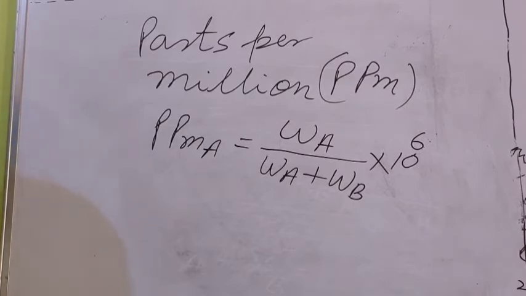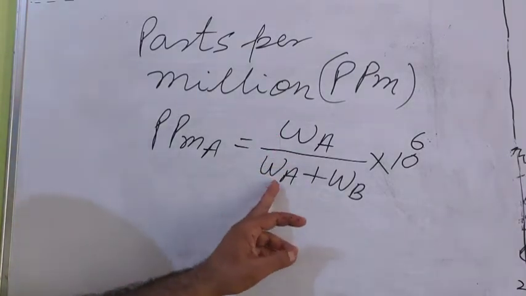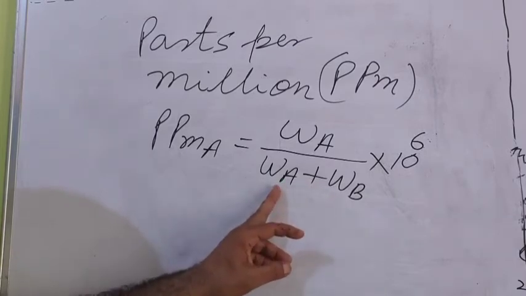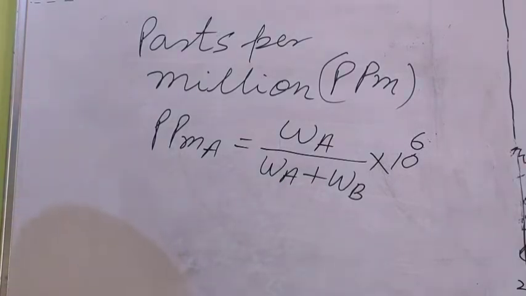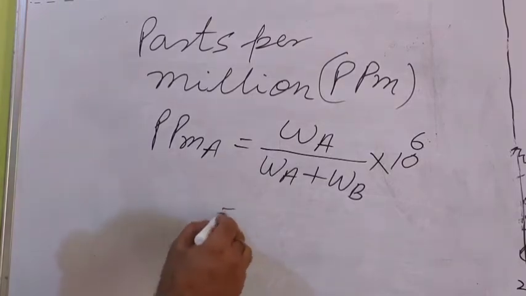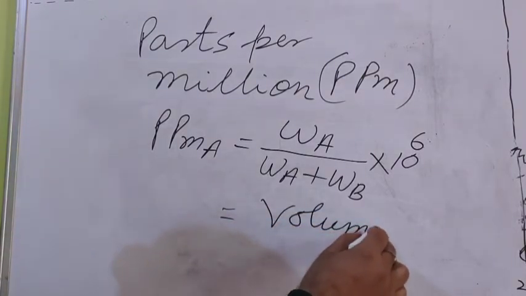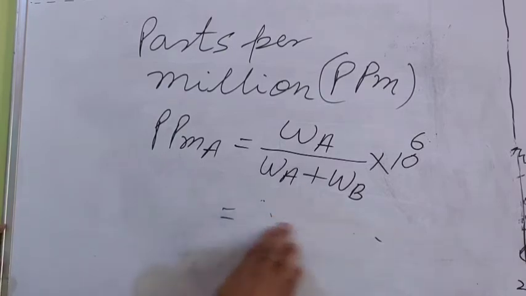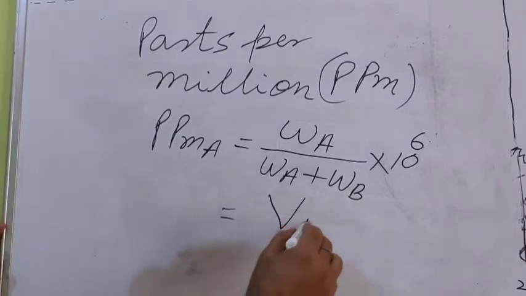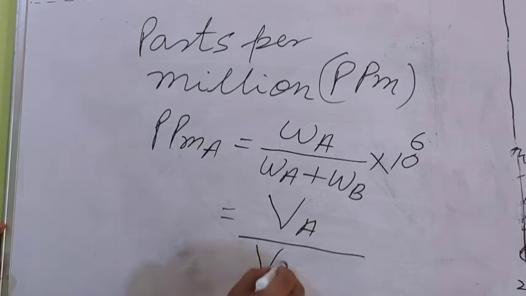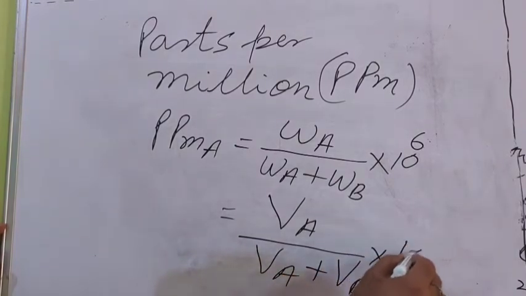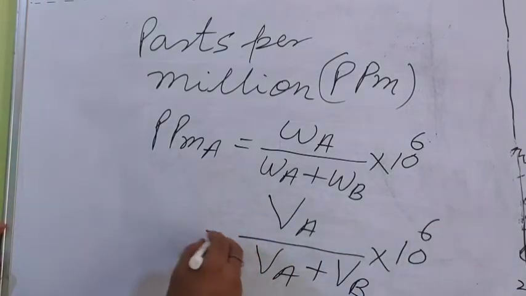So mass of component A upon total mass of the solution, mass of component A plus mass of component B, into 10 to the power 6, or in the sense of volume, you can say volume of A upon volume of A plus volume of B into 10 to the power 6.